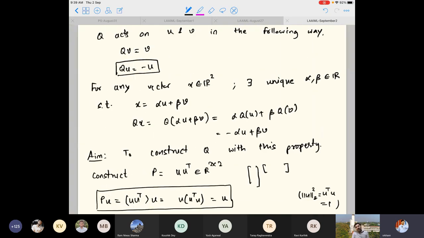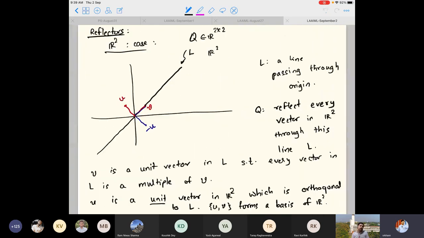Geometrically, first, can you tell me what P is doing, so that intuitively it is clear why I constructed such a P? Geometrically, what is this P doing to any arbitrary vector X?